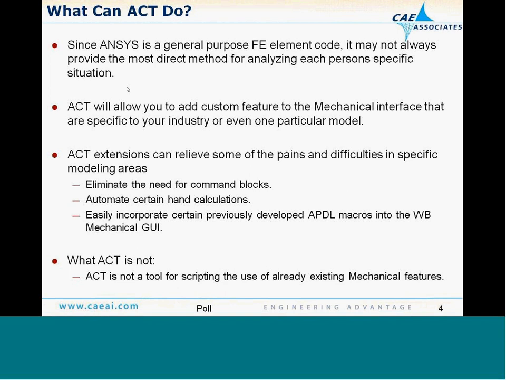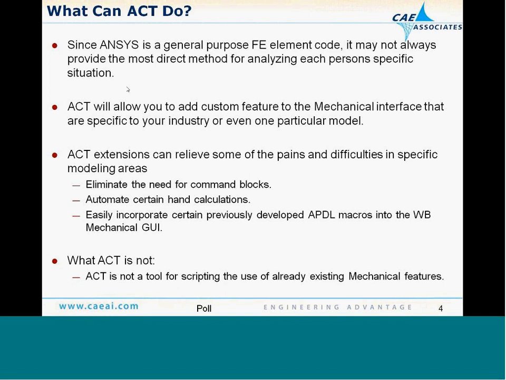So it allows you to do that, and it's really set up to address the need for command blocks. Instead of using a command block, you can build your own button. It does exactly what that command block would do. This makes it easy to roll this extension out to the whole company. Everyone's doing the same exact thing. No one has to type a command block in. It's just a different functionality that's already there once it's set up.